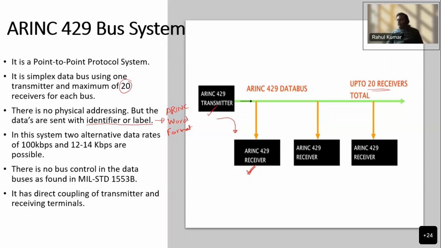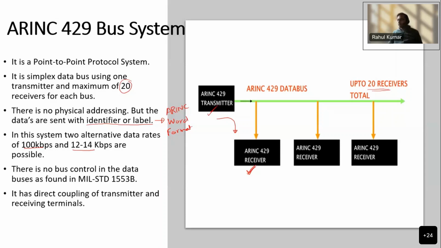Now it can operate at two alternative data rates, which are 100 kbps and 12 to 14 kbps. And there is no bus controller in the data bus, and it has direct coupling.